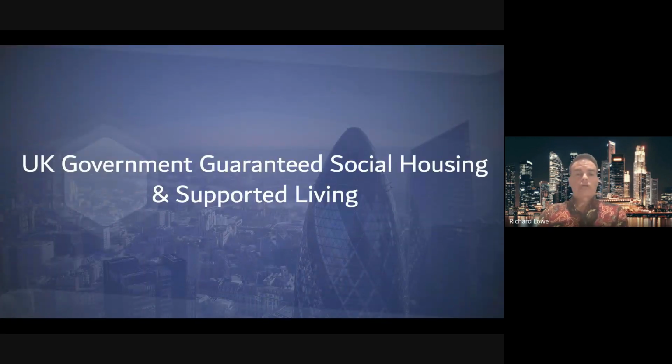So now let's have a look at UK government guaranteed social housing and supported living. So what exactly is social housing, and how does it differ, let's say, from Singapore's HDB, or the Housing Development Board?